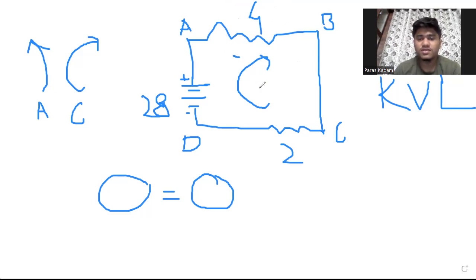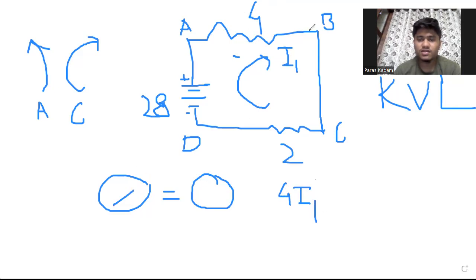Suppose I am considering it as I1. By Ohm's law, the voltage produced across this resistor will be 4I. So I will write 4I on the LHS, on this side.